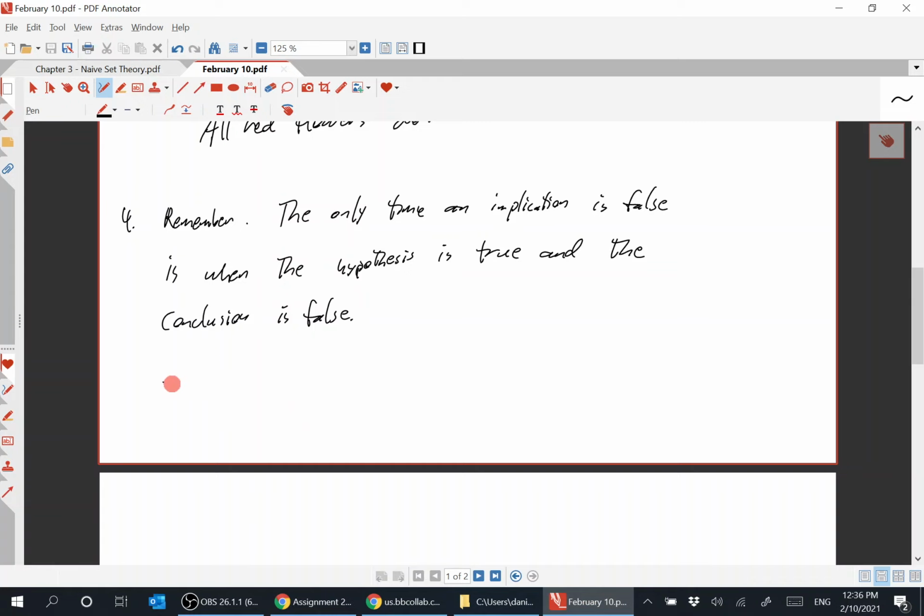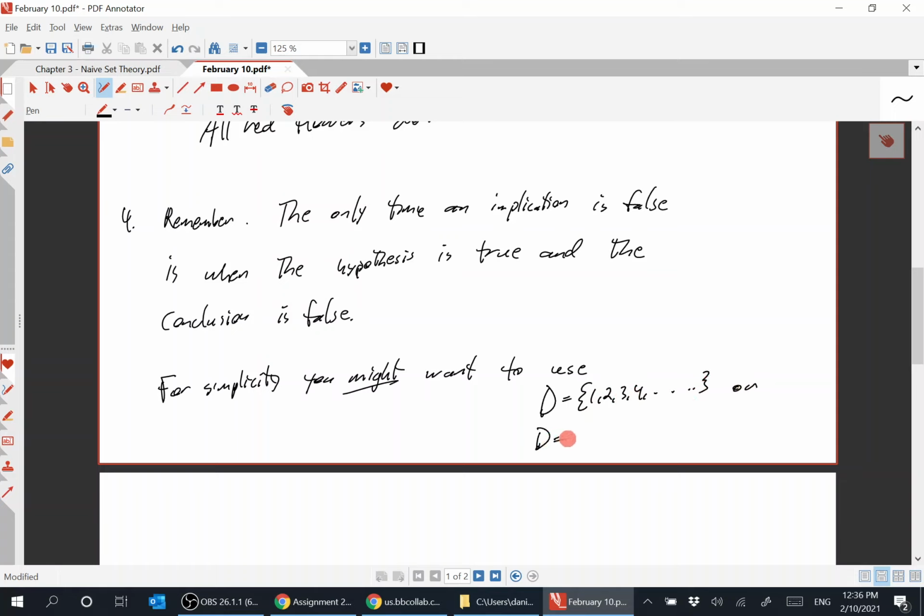So for simplicity, you might want to use the domain of just positive integers, or maybe, I'm not saying you have to.